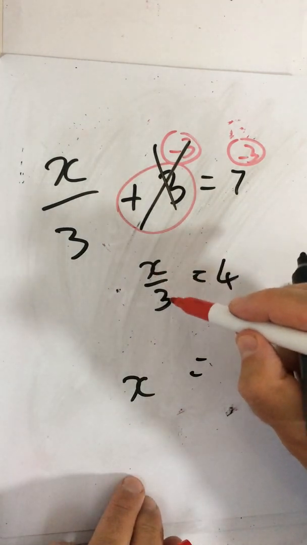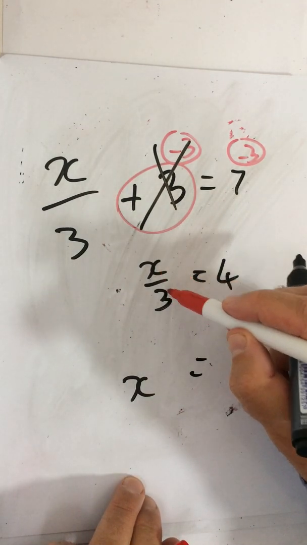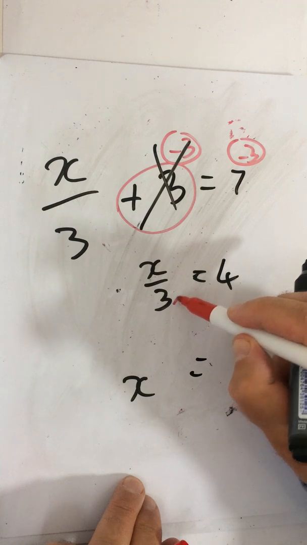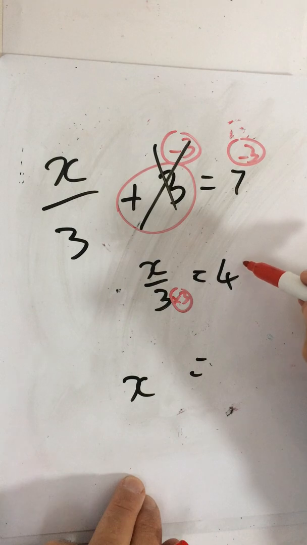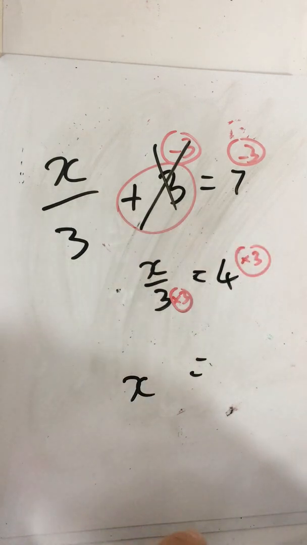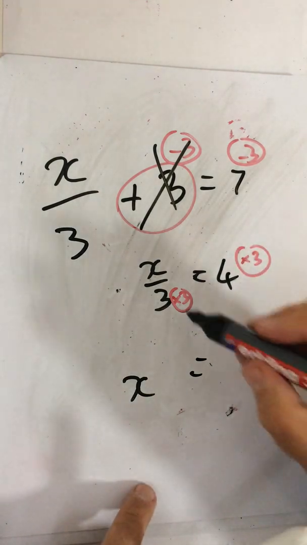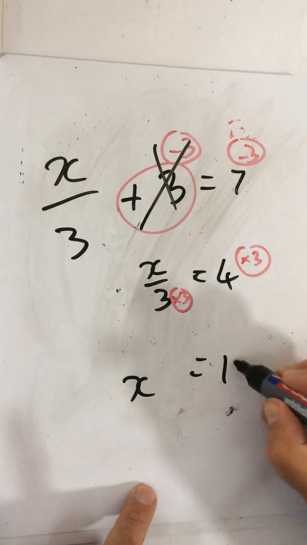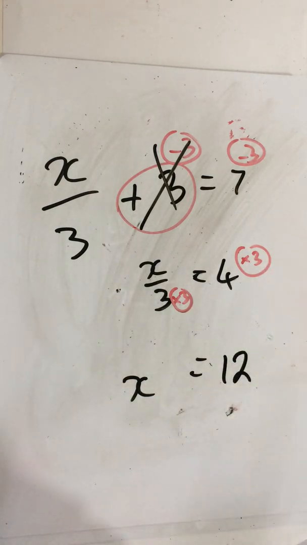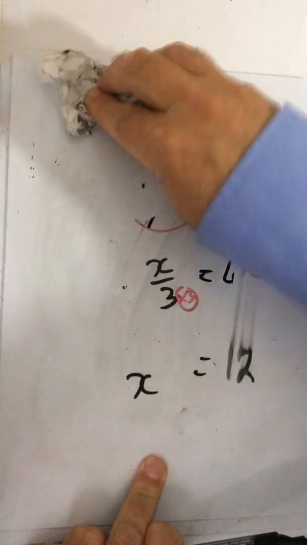Now this is x divided by 3, so I do the opposite of divide by 3, and then times it by 3, and then I'm getting rid of that, okay? And the same on this side, times it by 3, okay? So that leaves me with x on this side, 4 times 3 is 12. X equals 12. Now, we're going to move into the questions with brackets, okay?